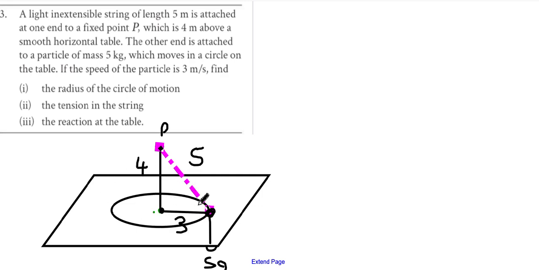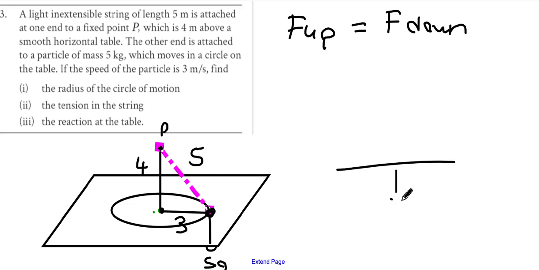Agreed? Okay. So when you do motion in a horizontal circle, there's two main things. First one is forces up has to equal forces down. Now, if you're 5g and you're sitting on the ground, your reaction force upwards is also 5g.